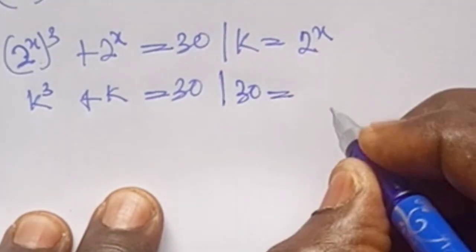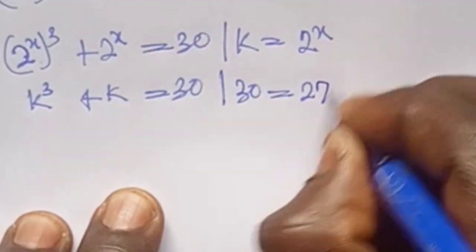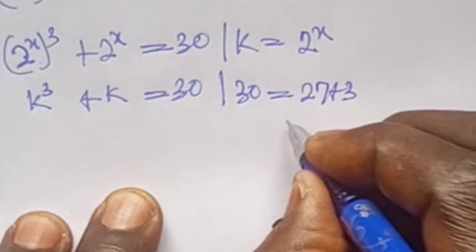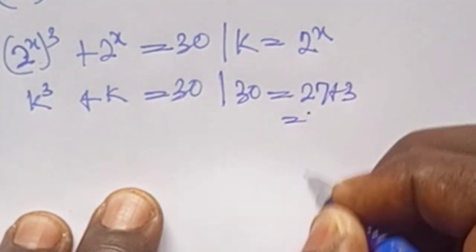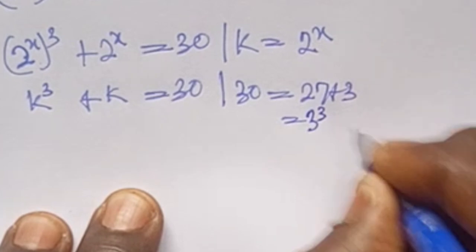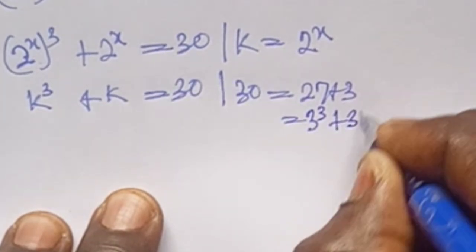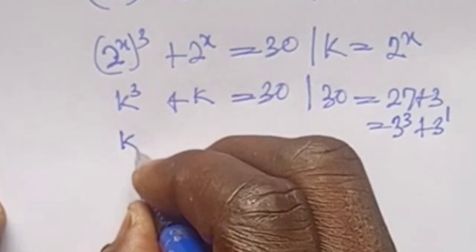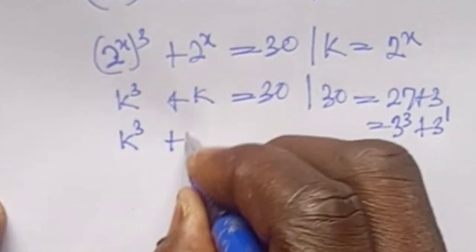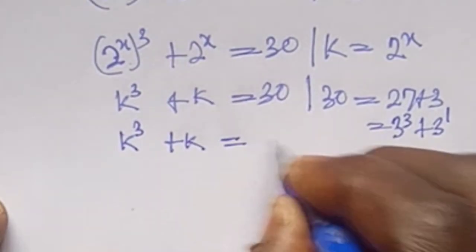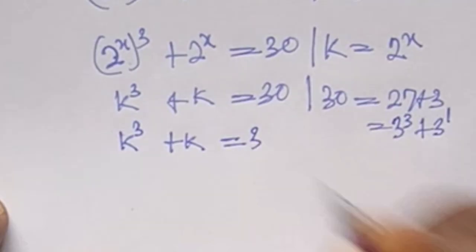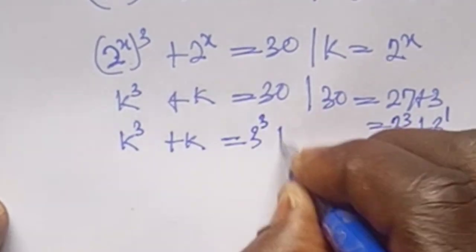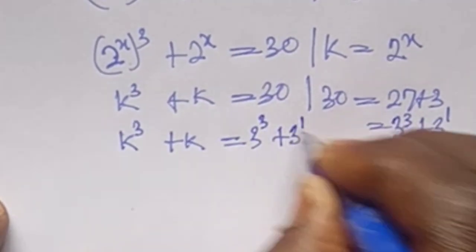But 30 can be written as 27 plus 3. And 27 can be written as 3 to the power of 3, and this is 3 to the power of 1. So the next line becomes k to the power of 3 plus k equals 3 to the power of 3 plus 3 to the power of 1.